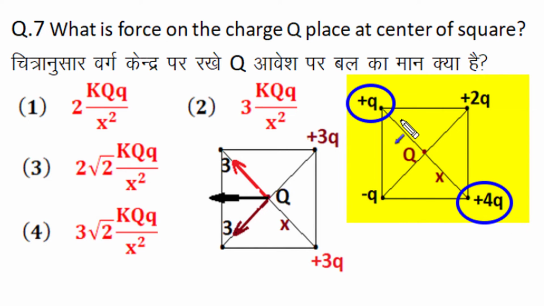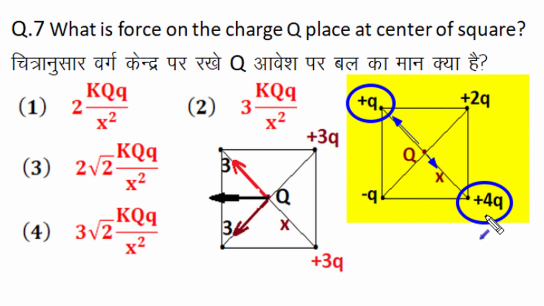A square is a symmetrical geometry, and the center is at equal distance from all vertices. So the plus q charge and plus 4q charge produce electric fields in opposite directions, and the result is the electric field of a single charge equal to the difference of these two. So in place of q and 4q, we can place plus 3q here.